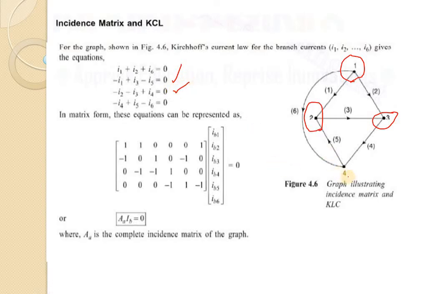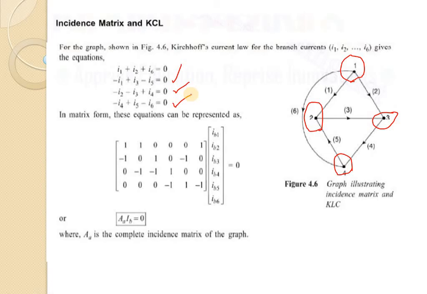In a similar way, we can write the equation at node 4, that is minus I4 plus I5 minus I6. In that way, we can form all the equations for nodes 1, 2, 3 and 4. That is the application of KCL in the form of graph theory.